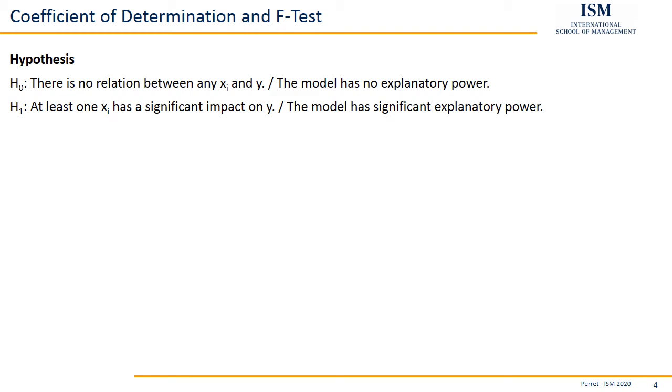But the test statistic we use for this looks a little bit different. So here our test statistic boils down to an F statistic. What we're using here is more or less, let's call this, a transformed version of the explained variance.